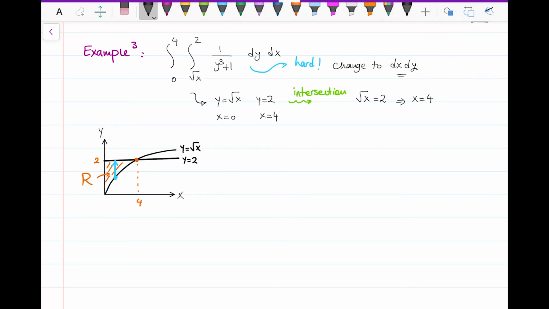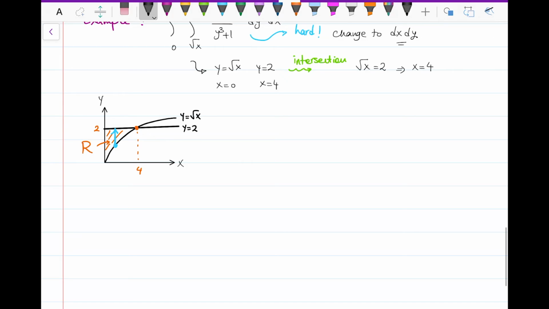Let's change the order of integration to make it a little simpler. So I'm going to have the double integral of 1 over y cubed plus 1 dx dy now, and the bounds are different in that case.